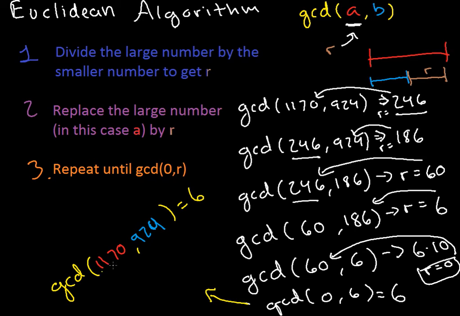Yes, these numbers are so random that the highest common divisor between them is just the number 6. Anything after that, it doesn't fit.